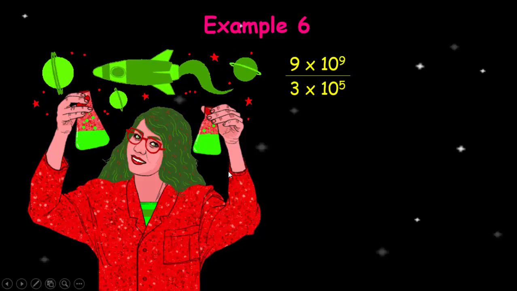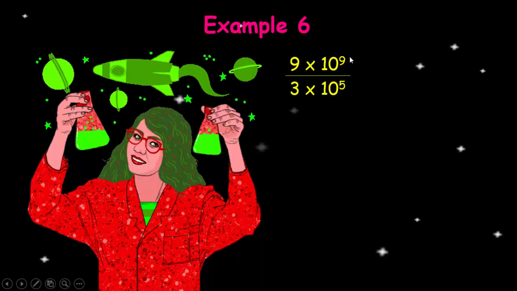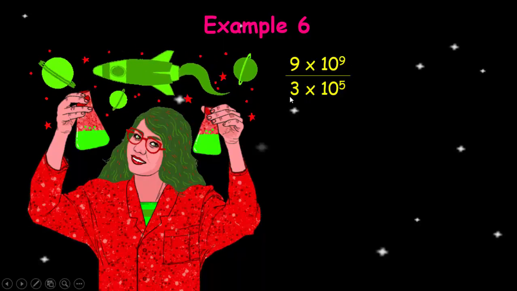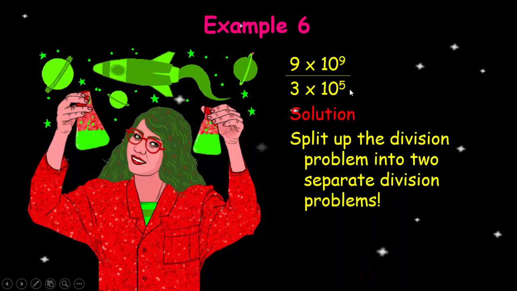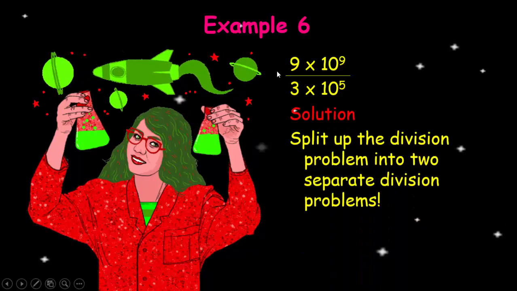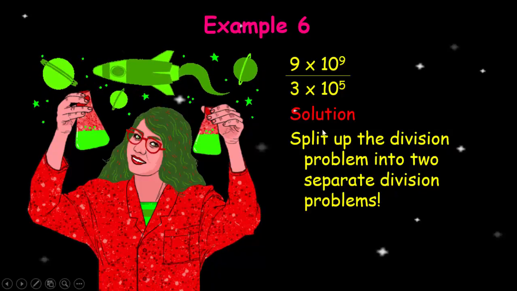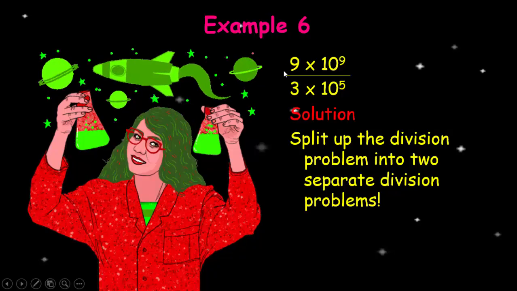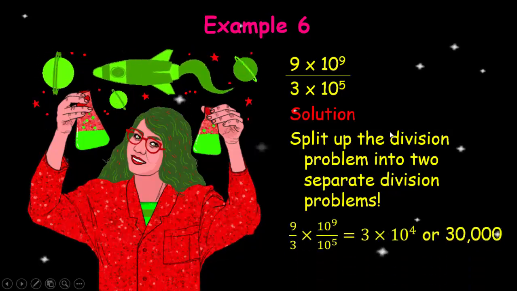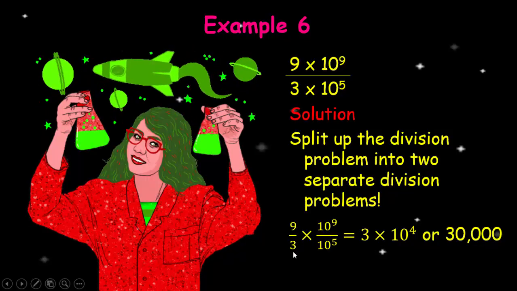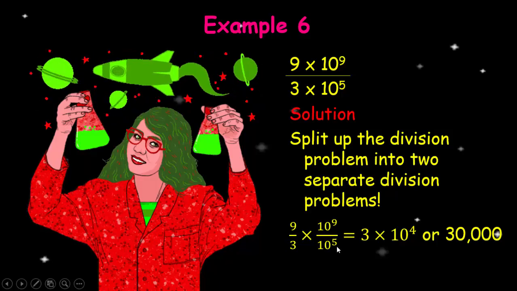In example number 6, we're going to divide 9 times 10 to the 9th divided by 3 times 10 to the 5th. And our solution is, as before, we split up the division problem into 2 separate division problems. The one with the numbers here and the other part with the exponents here. So we have 9 over 3 times 10 to the 9th divided by 10 to the 5th.